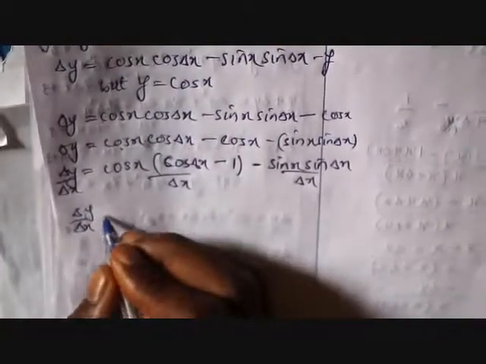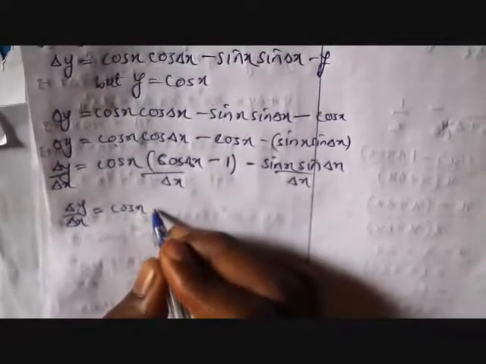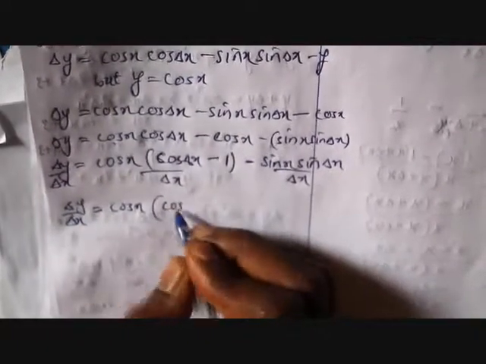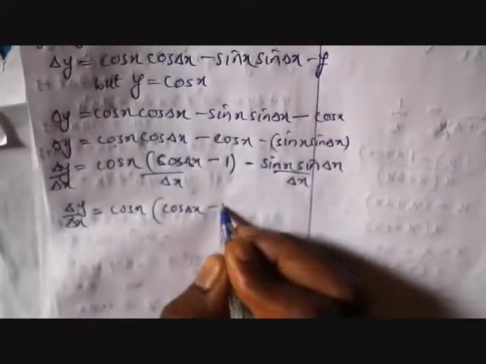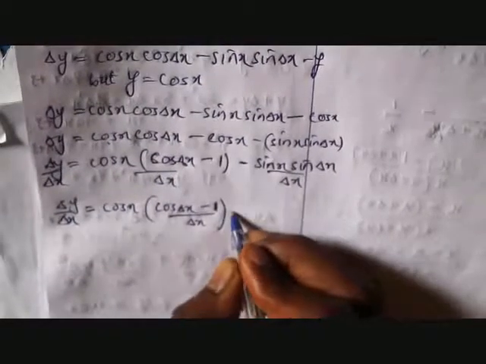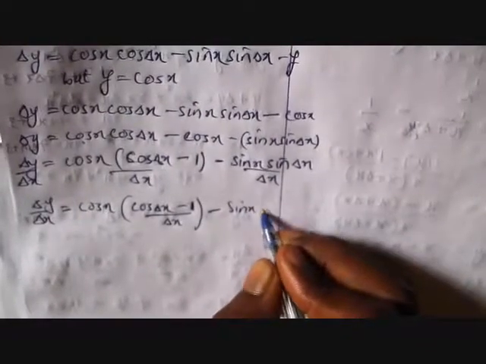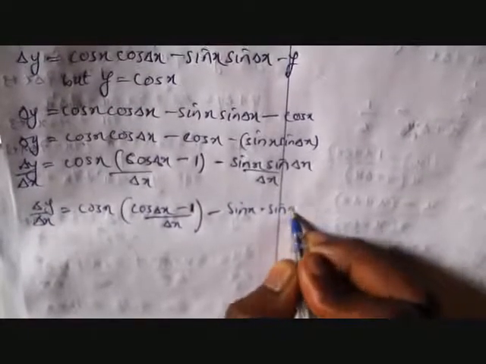So dy/dx will be cos x times (cos dx minus 1) all over dx, minus sin x times sin dx over dx.